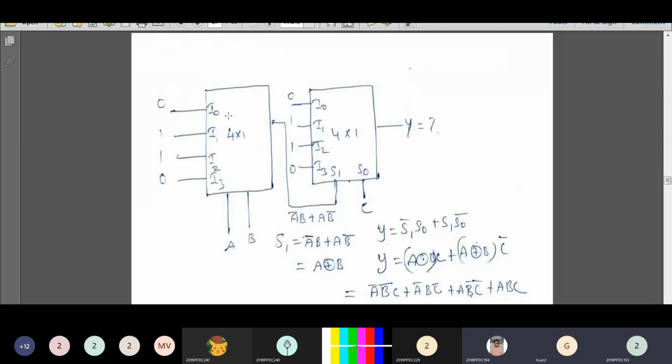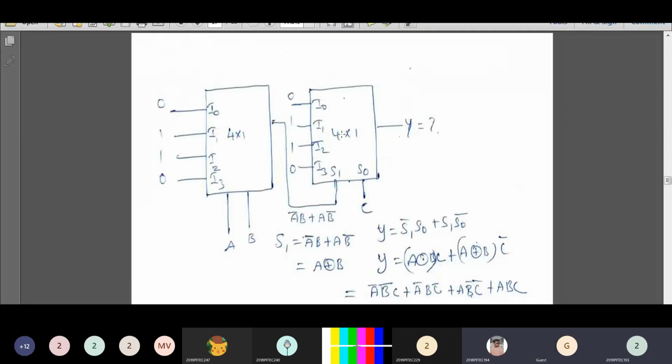This is the output expression for the first 4 cross 1 multiplexer, which is connected to a selection input of the second 4 cross 1 multiplexer. The output of the first multiplexer is connected to one selection input of the second multiplexer. Another selection input of the second multiplexer is connected to the variable C.